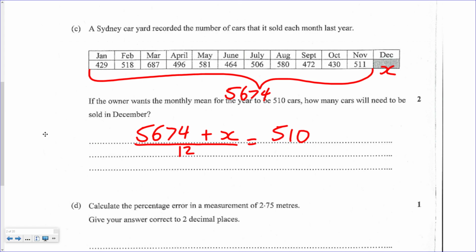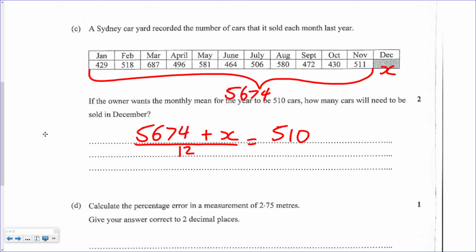So let's just take a step back for a second. We want to find the monthly mean for the whole year, okay? So that means we have to divide by 12 for the whole year. And we need to realize we're adding everything up for the whole year. The first 11 months is 5,674, and we're just adding that x on top of it as well.